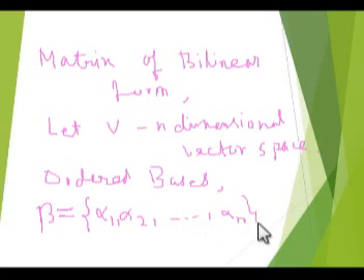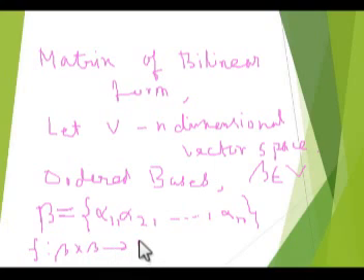So what we need to do to generate a matrix, we need to take a bilinear map A on V, such that beta belongs to V, on the basis of V. So it will be the bilinear form from beta cross beta to the field F of scalars.